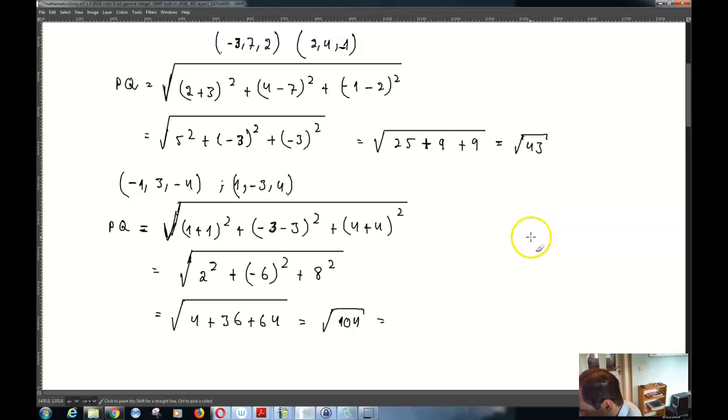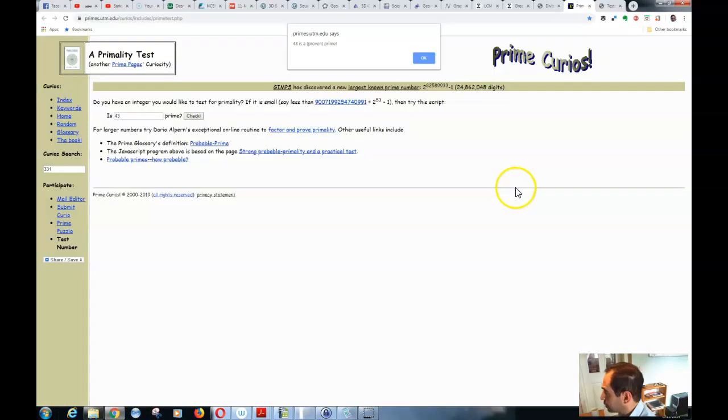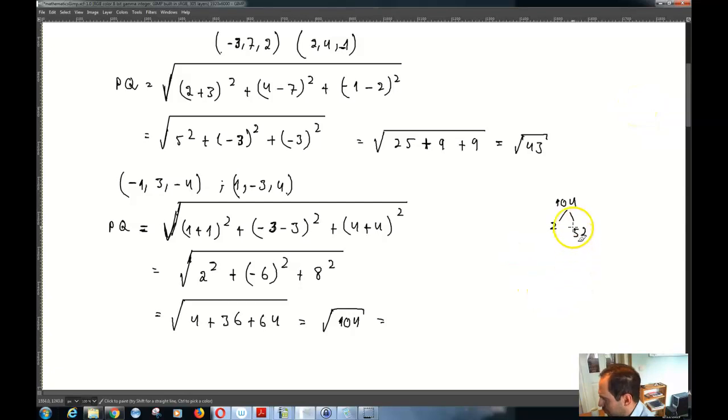Now 104 is 2 times 52, and 52 is 2 times 26, which is 2 times 13. So you have 2 square root of 26. So that was part 3 of this question.